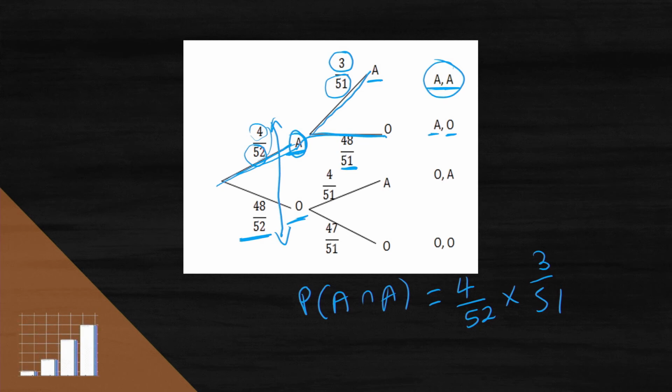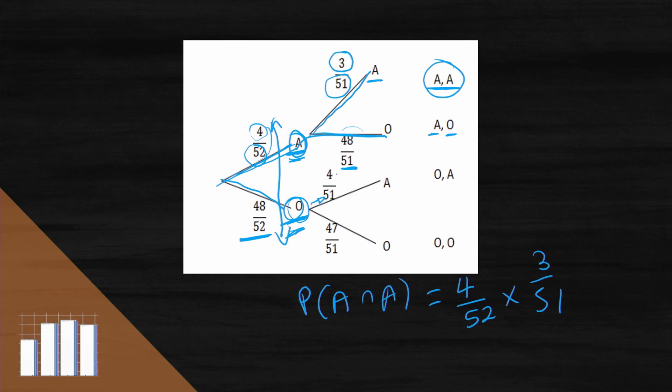When he's first drawing his cards, we said he can either get an ace or he could get any other card. So the probability the first time around of getting any other card we've already seen is 48 over 52. Once again, though, once he's taken out another card from the pack of cards, he still only has 51 cards to choose from. However, on the first draw, he didn't draw out an ace.